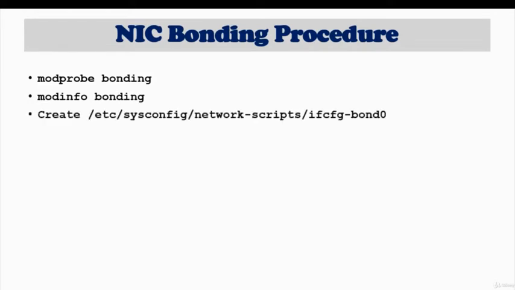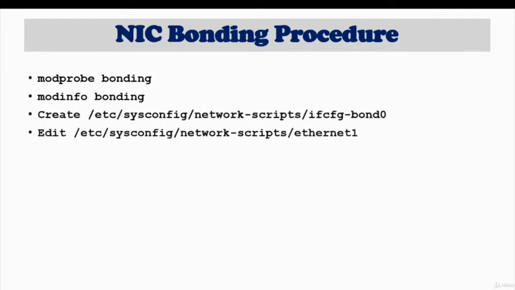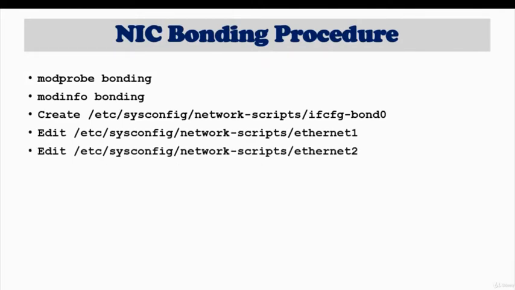So the NIC bonding procedure is that you type modprobe bonding, which is to get the configuration of your driver, and modinfo bonding to get the information of your bonding. Then you create a file called ifcfg-bond0. You add the first Ethernet, you add the second Ethernet, and you combine them and point to bond0.